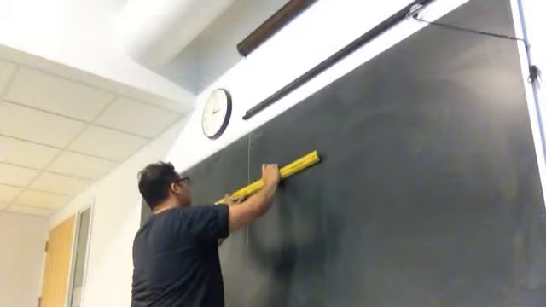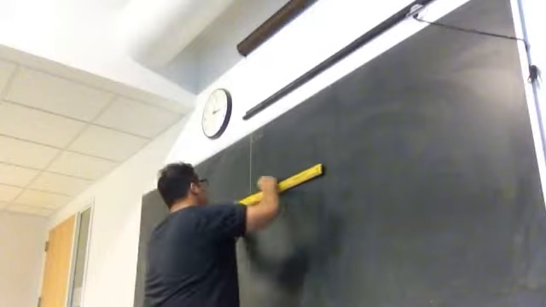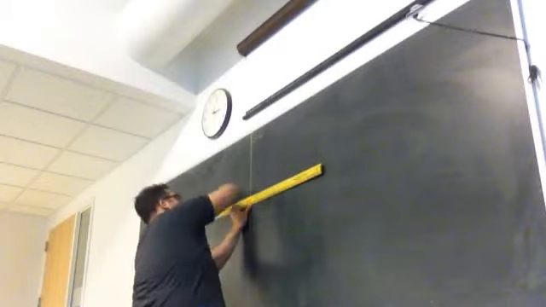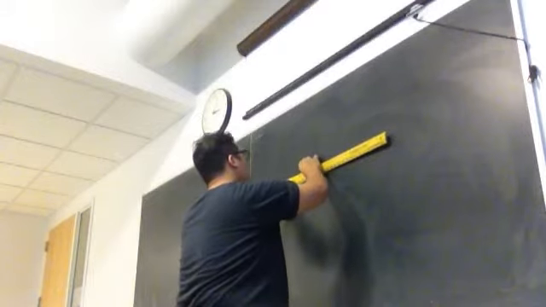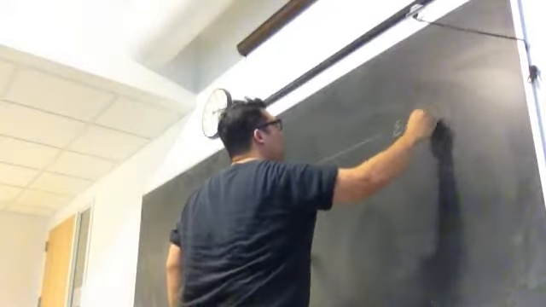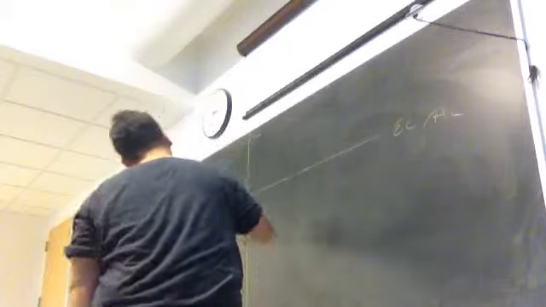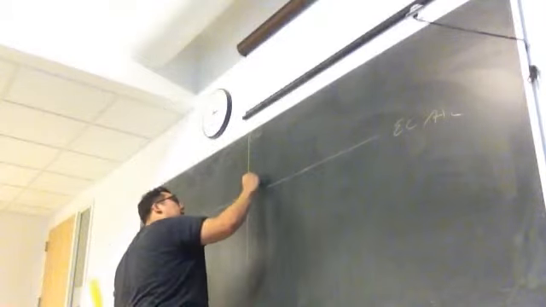CVL. My EL, horizon line. CV, VP, this is 1 point.